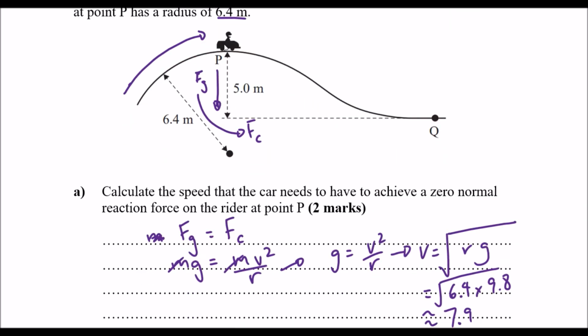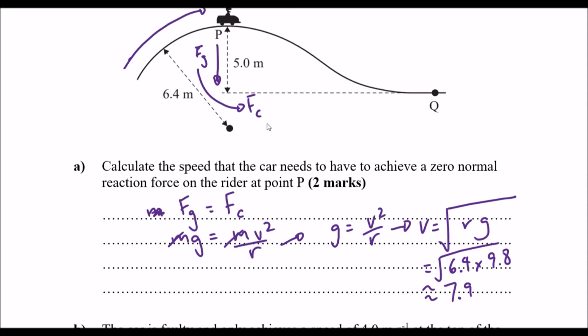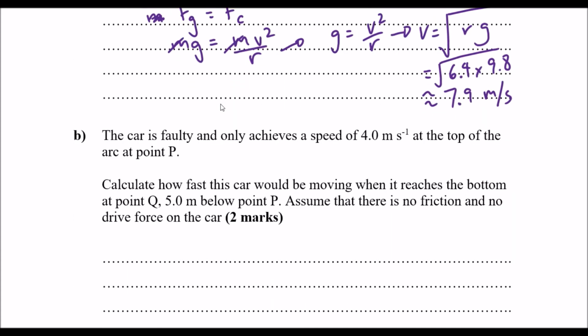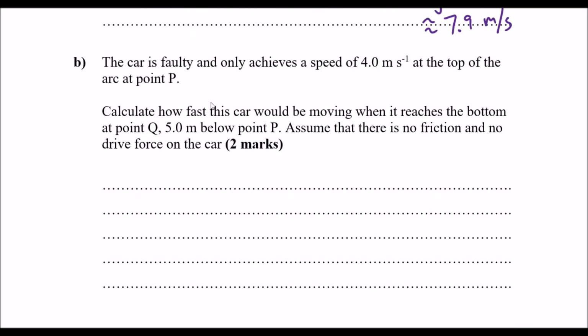The lowest sig fig of this question is actually 2, so we're going to round it off to that as well. So 7.9 meters per second. That's the speed the roller coaster rider needs to reach in order to have a temporary zero normal force at that point. Okay, next question.